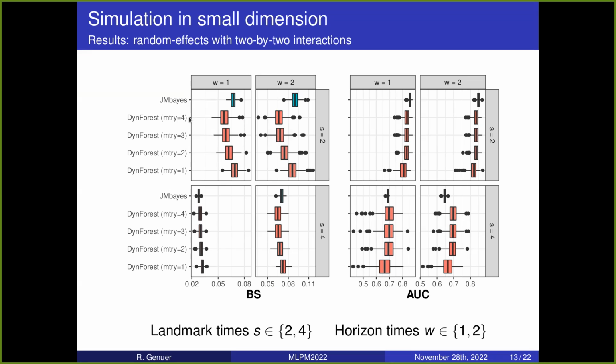So in a way, you are not perturbing your decision trees a lot, apart from the bootstrap resampling, which is made ahead of the tree building. And now, if you compare with JMbayes, we see that we get some gain in terms of Brier score, essentially in the S equals 2 case here.